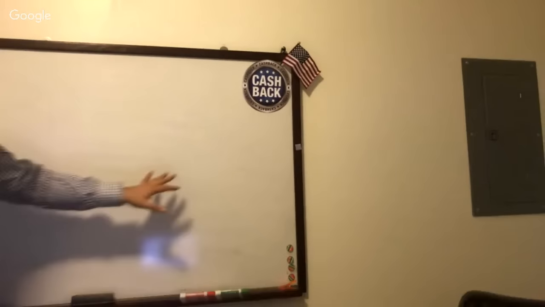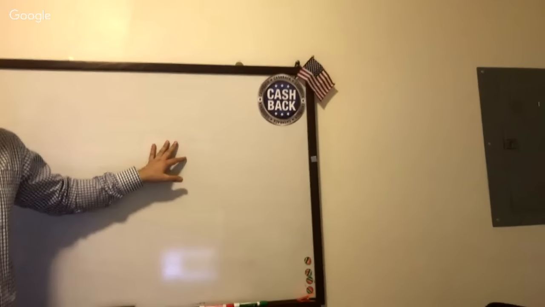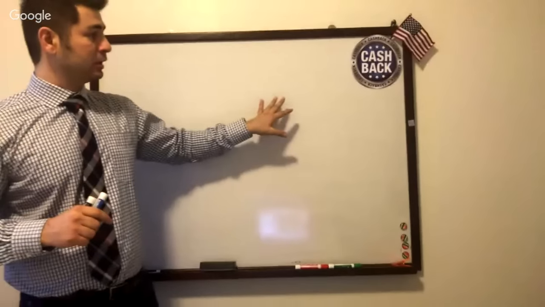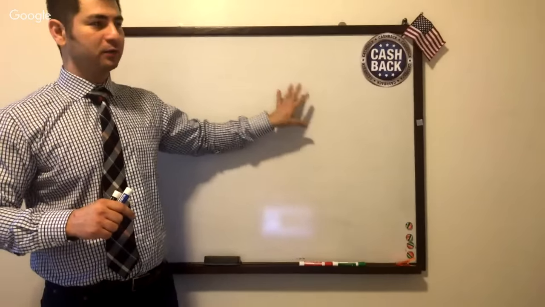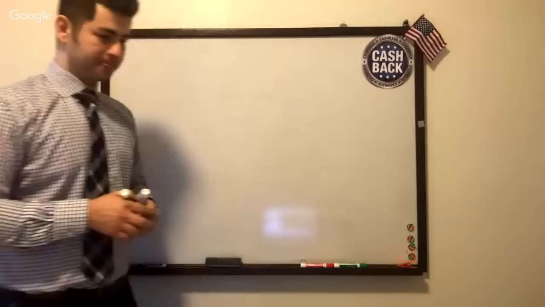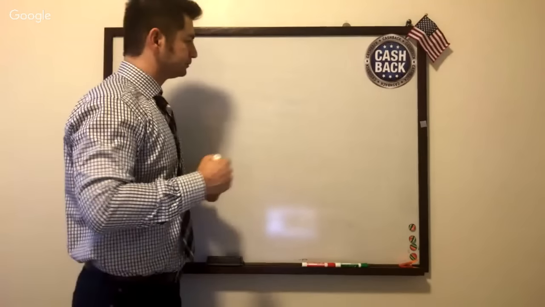So I'm going to write a sentence. Here's exercise number 1. I will write a sentence on the board. You have a couple of seconds to figure out what tense that sentence is. Here we go, sentence number 1.